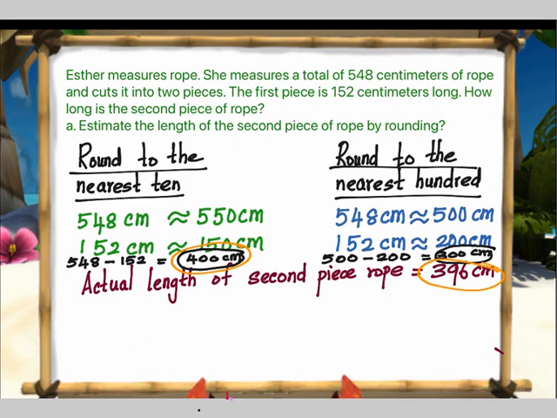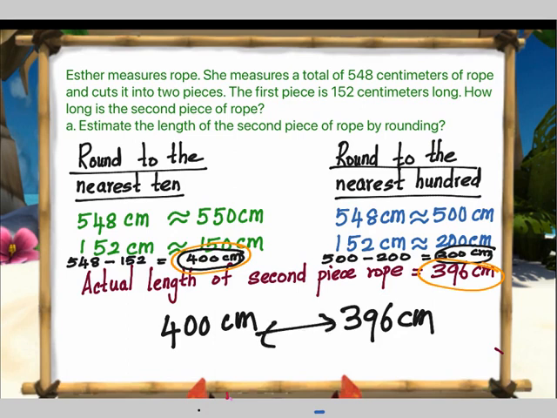I know my answer 396 centimeters is reasonable because rounding to the nearest 10 was closer to the exact answer, and it was easy mental math. The estimate was only 4 centimeters away. The estimate was 400 centimeters, and the actual answer was 396 centimeters.